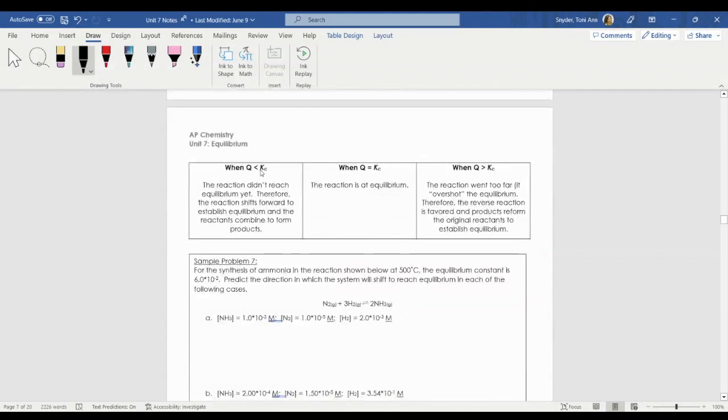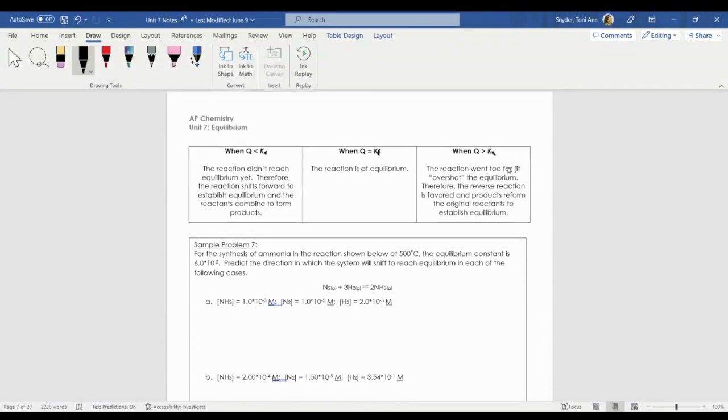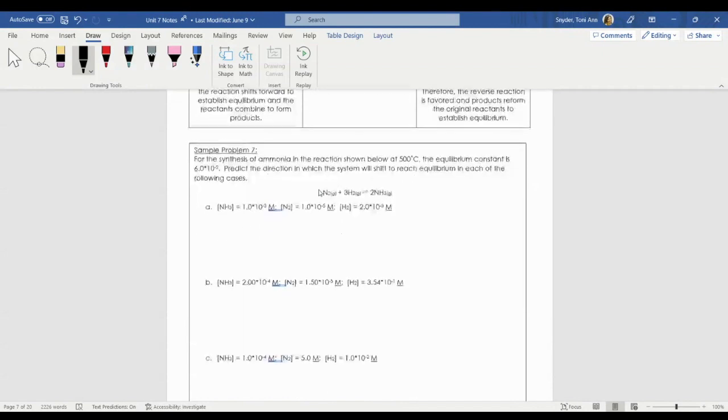So when Q is less than your value for K, this doesn't have to be Kc. This could be just any value for K. So you could actually cross that off because we're working with, it could be Kp, it could be Keq, it could be Ksp. You're going to see a couple of different scenarios with K. So let's use this chart right here and do a sample problem 7 together.